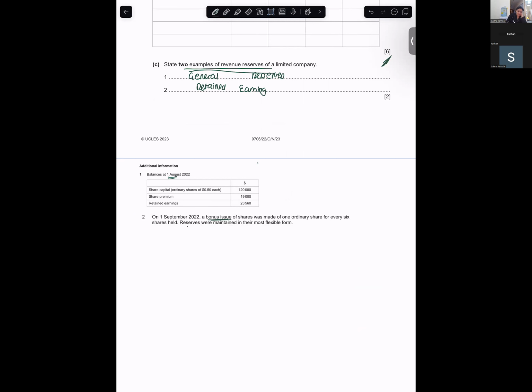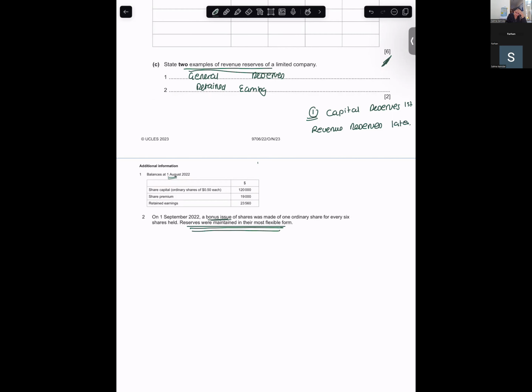If you see this line, reserves are maintained in the most flexible form. So the first place from where they will give is if reserves are maintained in the most flexible form. That means you will use capital reserves first, and you will use revenue reserves later on.